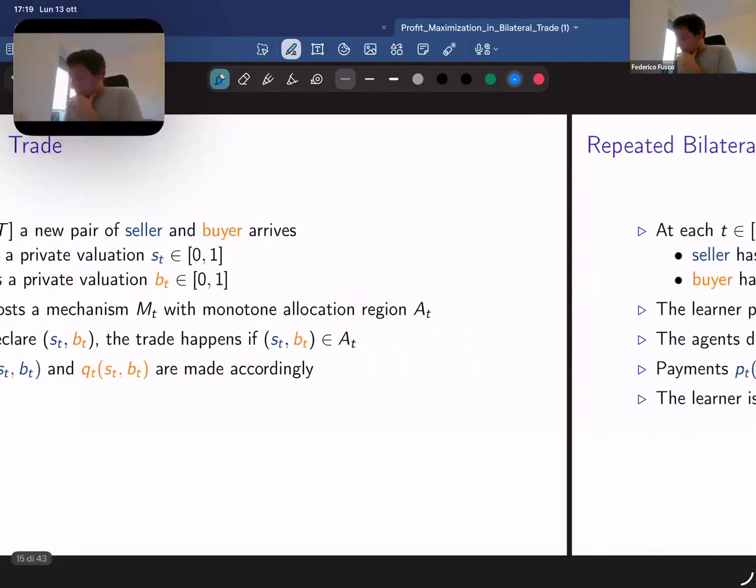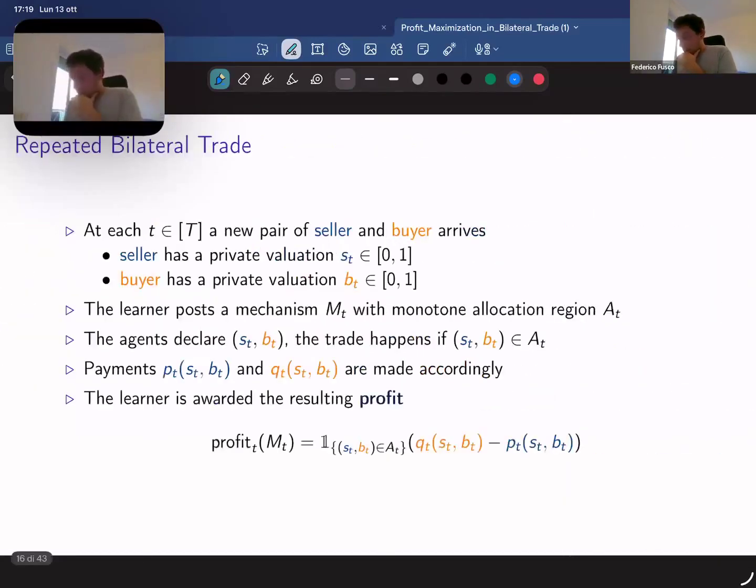Now note that in this setting, in order for the mechanism to compute the payment, it needs to know the valuations of the agents. And this separates it from other problems in the literature where you have a simpler mechanism and thus it makes sense to study a weaker notion of feedback. Here, we are in full feedback.